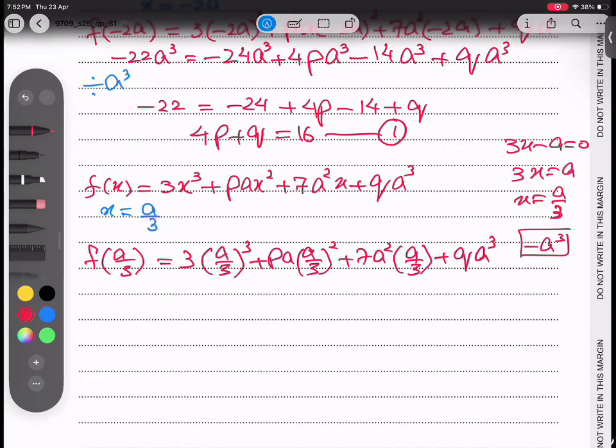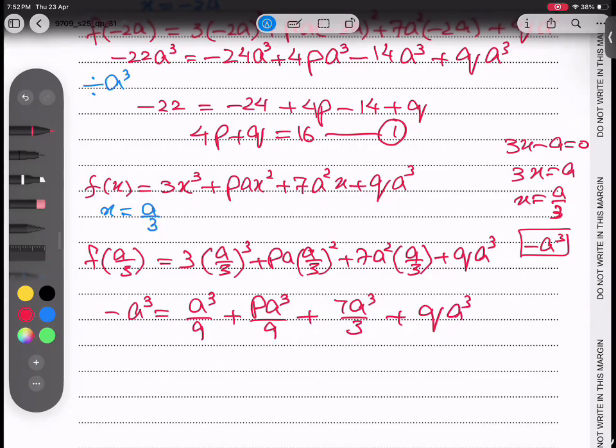And this is replaced by negative a cube. So this is coming 27, so a cube by 9. So I'm getting here p a cube by 9, 7a cube by 3, and qa cube.